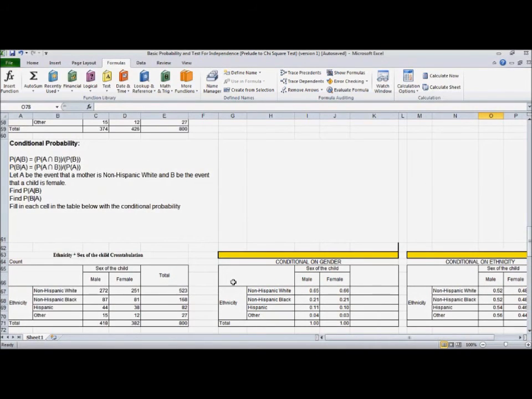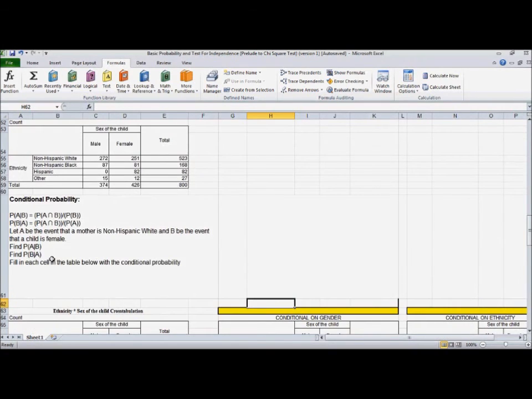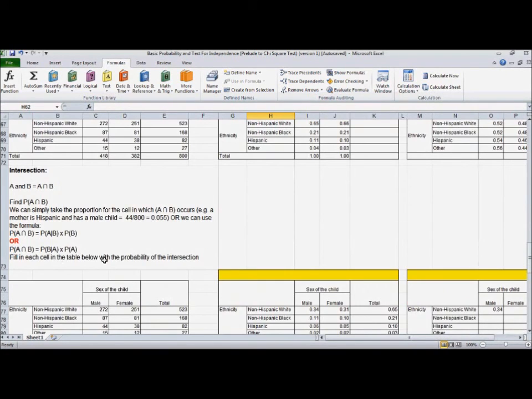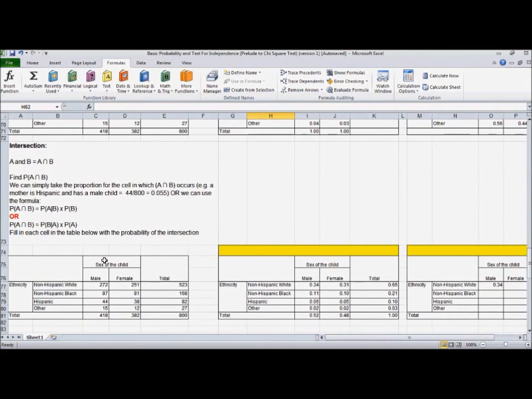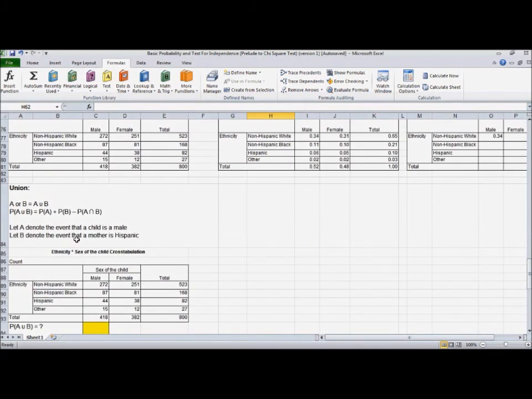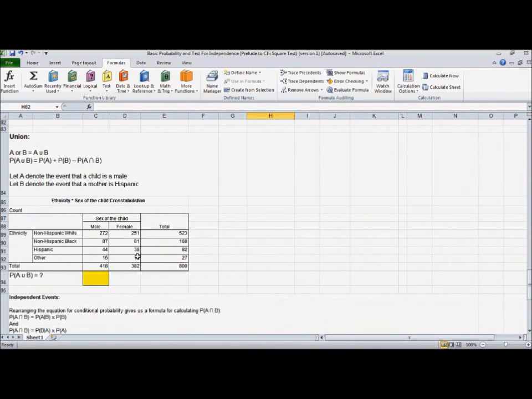So look to the answer keys and click on the cells, and you'll see within the function box that in one table I use the simpler method, in the other table I use the full formula. So look at the answer keys, decide which one you feel is easier for you, which one makes more sense, and use it. So those tables are filled out in the answer keys. Now I'm going to move on to union.